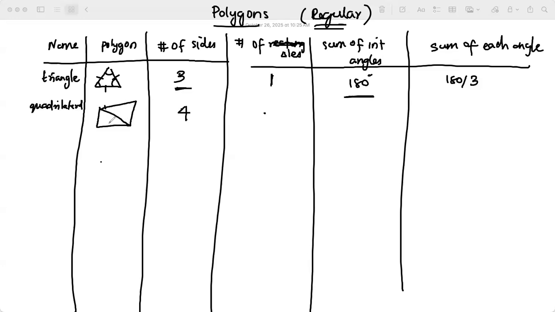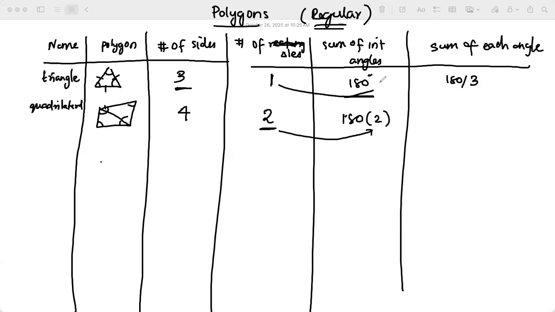if I split it like this, I know that some of these angles are 180, some of these angles are 180. That way, I know all of the angles within the quadrilateral. So, number of triangles is what? 2. And then sum of the interior angles is 180 plus 180, right? 180 times 2 is 360, number of triangles, see?